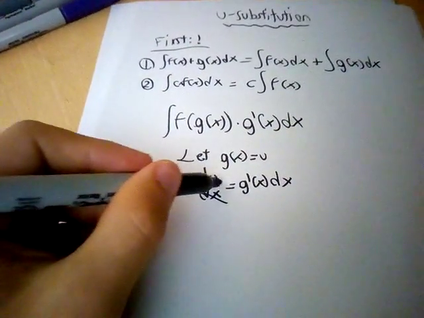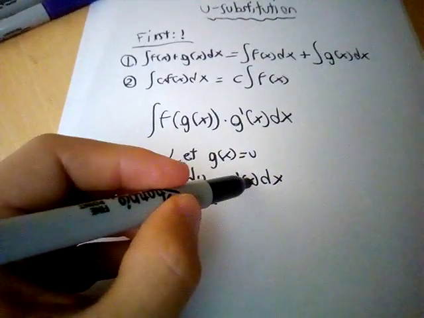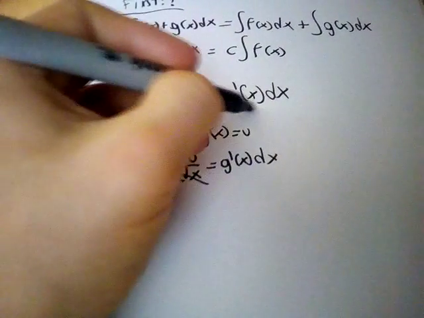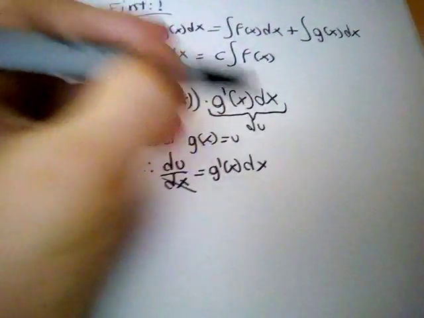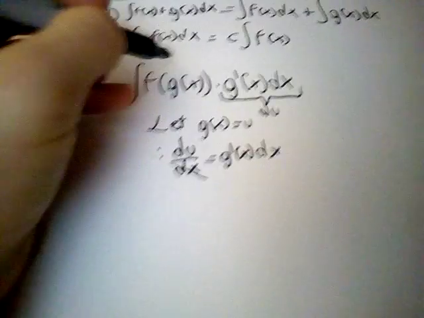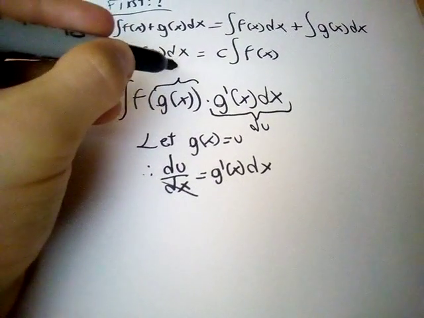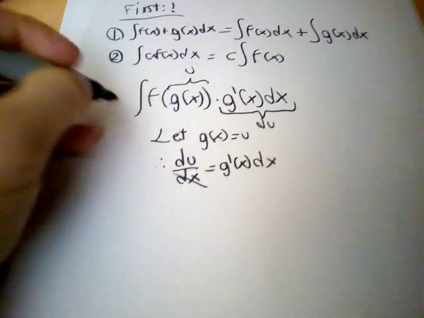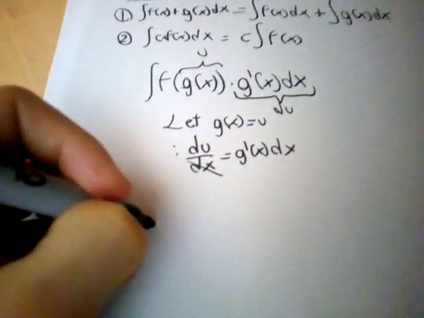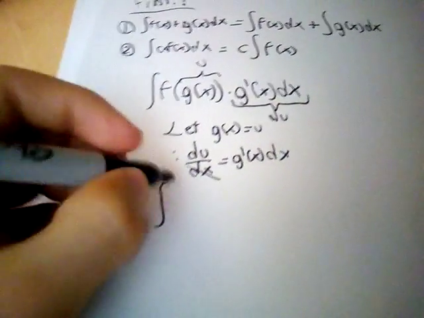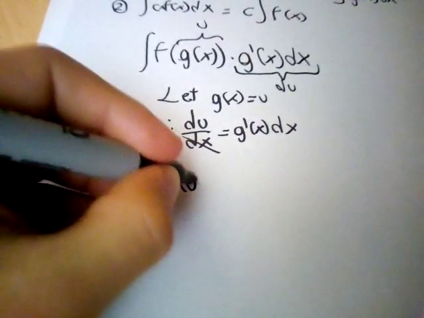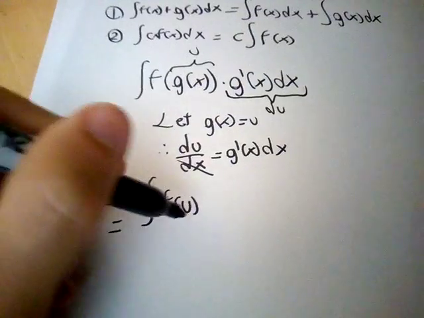And therefore we have the value of du is equal to g dash of x dx, which we do have here. So that's just du. And g of x is just u. So this whole thing becomes the integral of f of u, so the outside function of u.